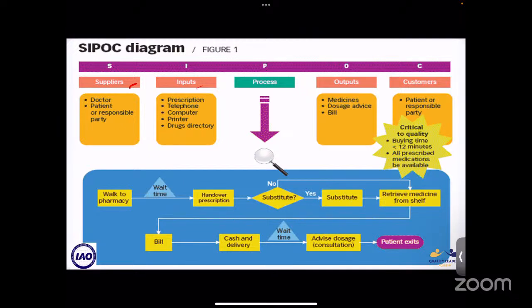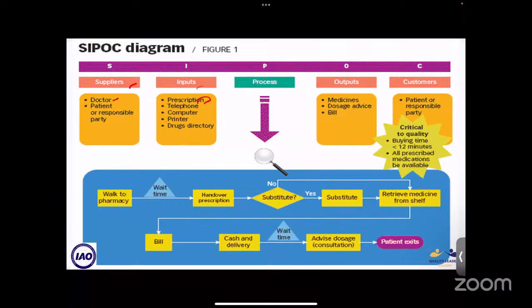A flow chart inside the CPHQ diagram, and the output will then go to the customers. We give an example: for instance, if I have a supplier here, the doctor, he will give me an input, which is the prescription.